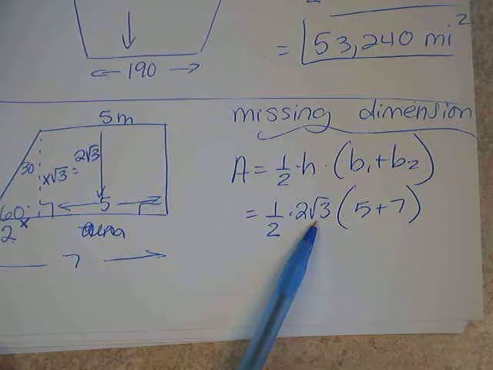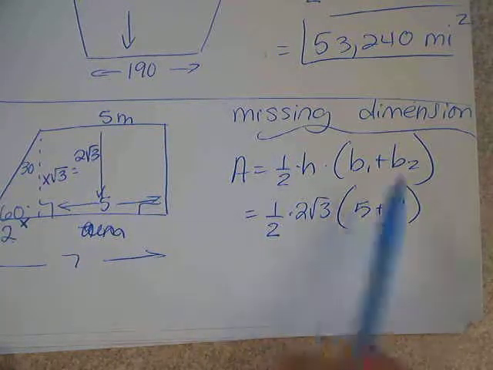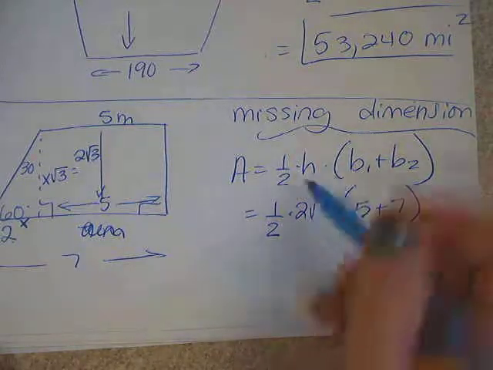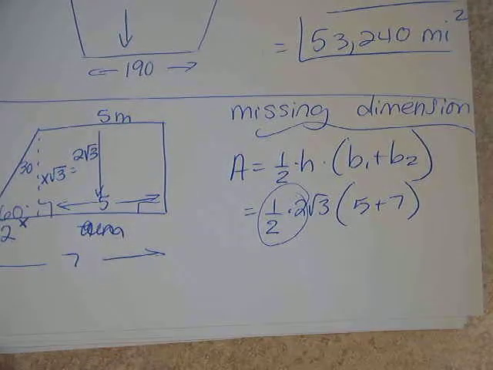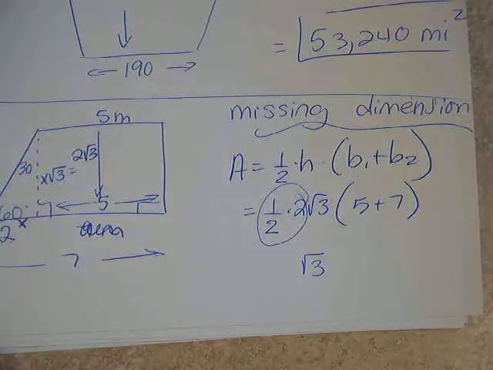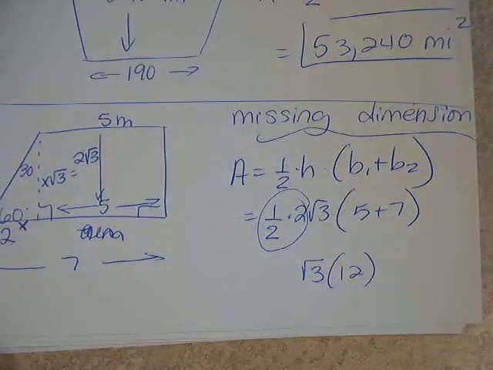We will simplify keeping the radicals, so you're not going to just pop this into your calculator. The easiest way is half of 2 is just 1, so the half and the 2 cancel out.